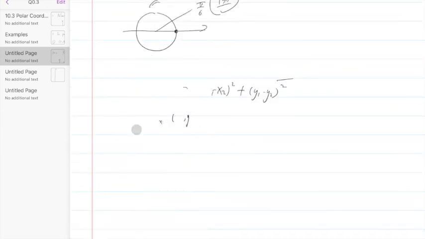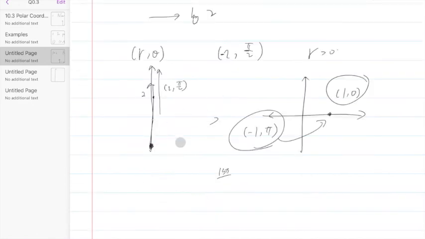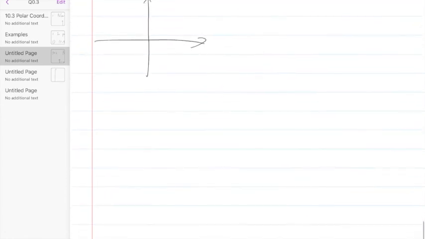Okay, the next thing we want to talk about are the symmetries, which is also a natural extension of what we have for rectangulars. Every time you have something in rectangular, you probably want to do the same thing in polar coordinates or parametric. I don't know what's going on with my notes, but let's see. So think about what kind of symmetry we had before for x.